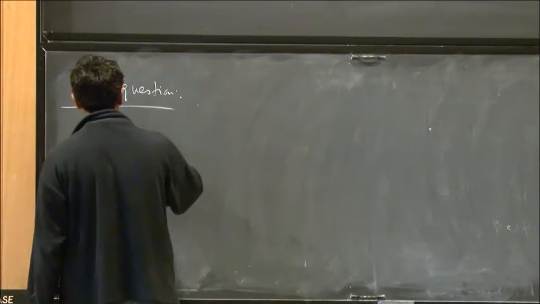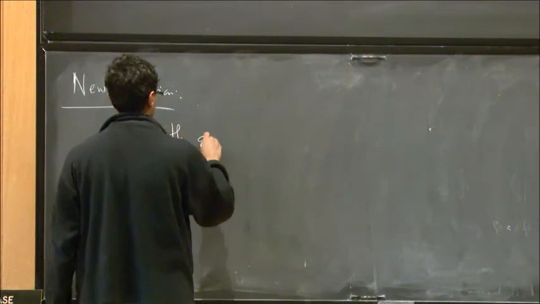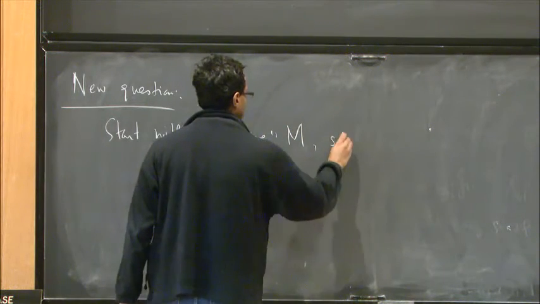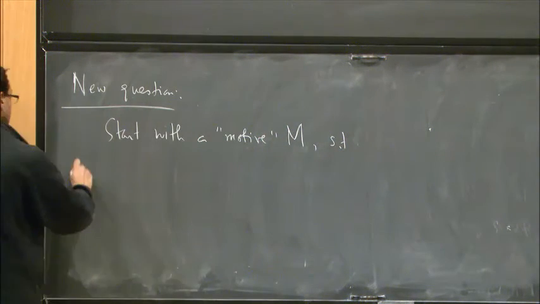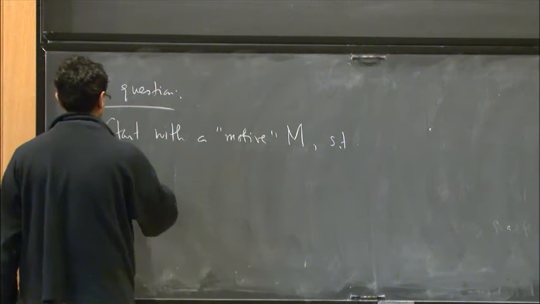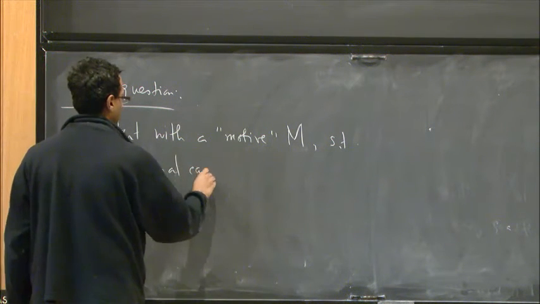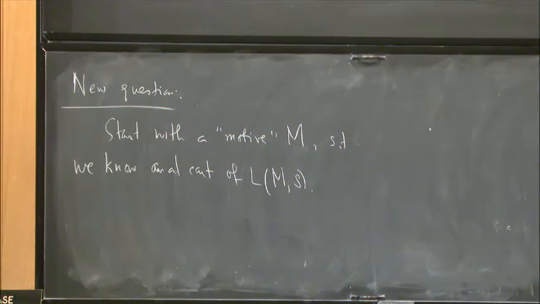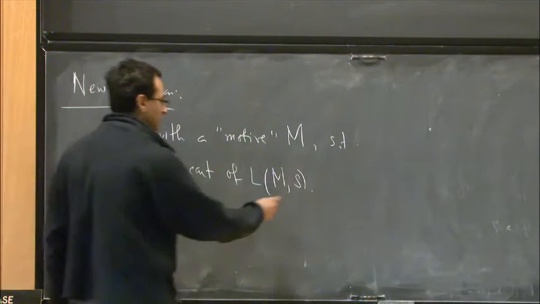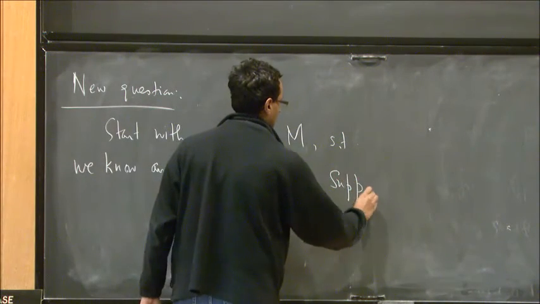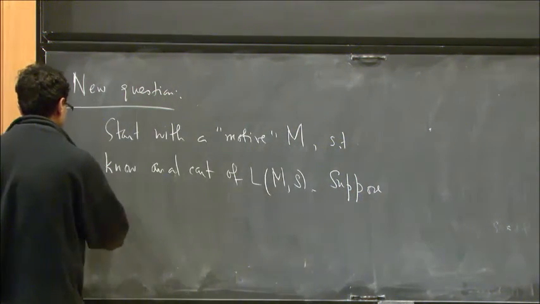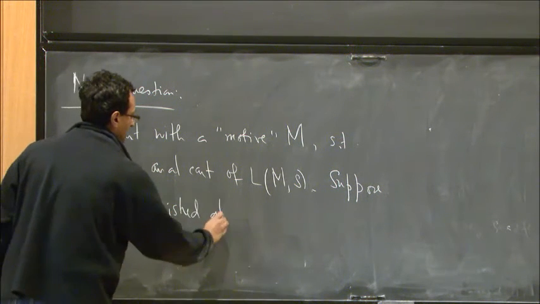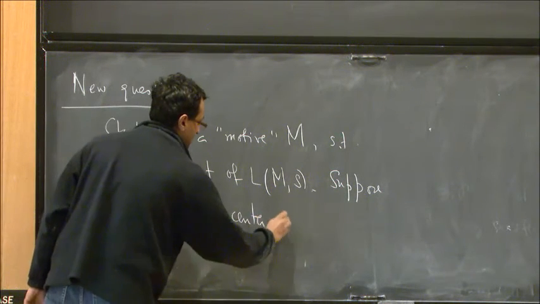Start with some motive M such that we know analytic continuation of L(M, s). And suppose that, in fact, L(M, s) vanishes at the center, and suppose the center was some integer j.